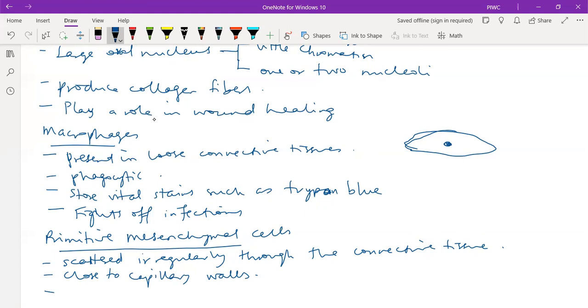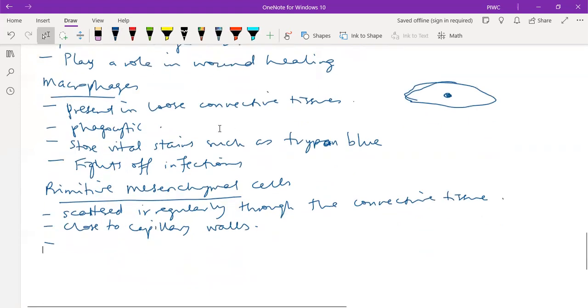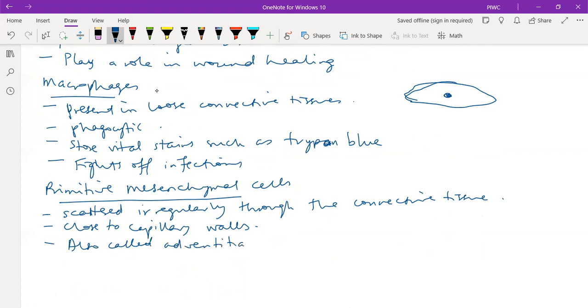Now, they are sometimes called the adventitial cells, and they are believed to be persisting undifferentiated cells of the primitive mesenchyme.